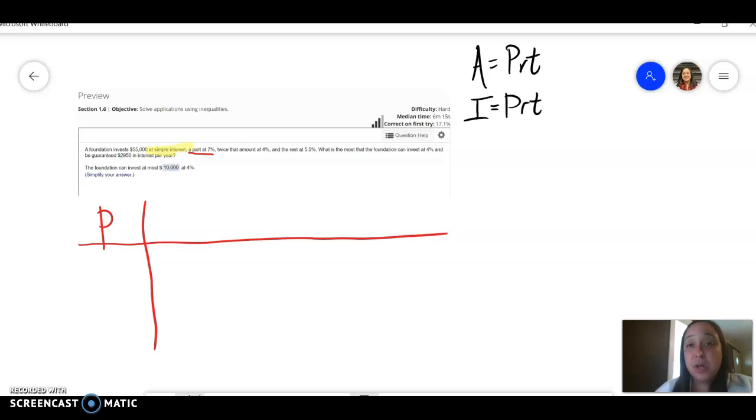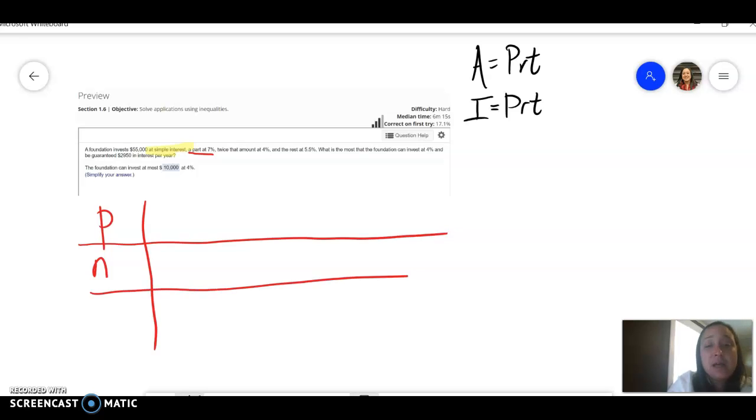For that first principal, all it says is I am investing a part. I don't know what that part is. It's an unknown. And in math, when we have an unknown, we use a variable, right? So I'm going to notate that unknown as N. I'm letting N represent what I do not know.